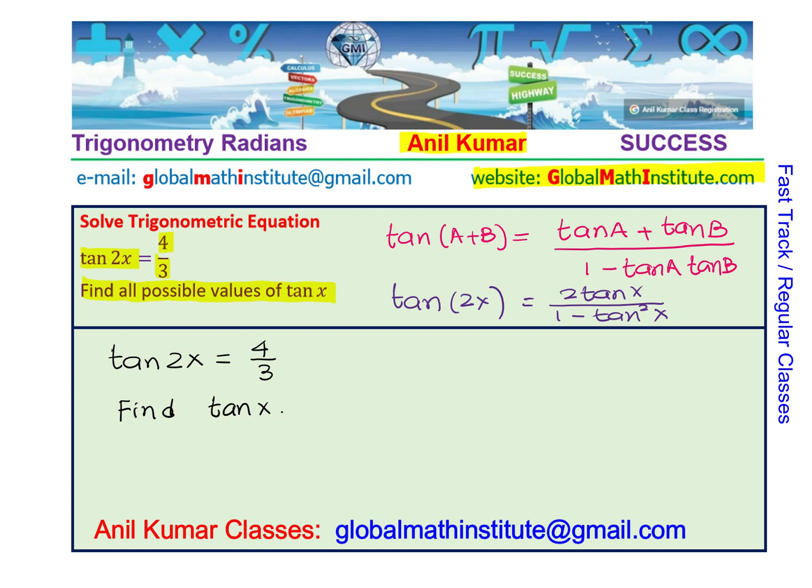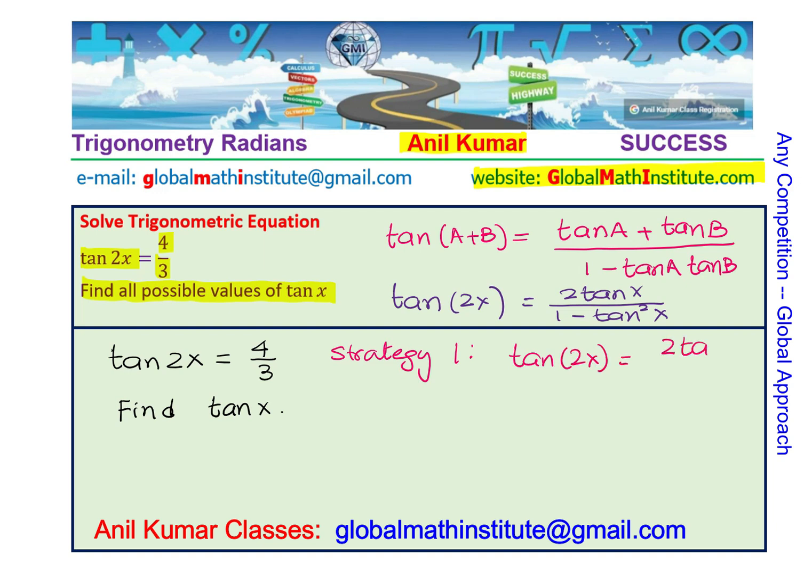Well, so this is the first strategy. So let me write down strategy 1, which is to use the formula tan 2x equals 2 tan x over 1 minus tan square x.